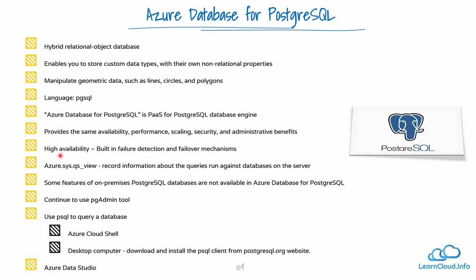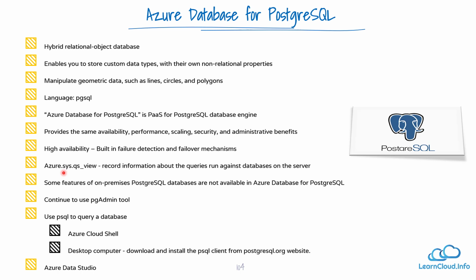It is a highly available service, which means it contains built-in failure detection and failover mechanisms. Another good feature in Azure is that Azure Database for PostgreSQL servers record information about the queries run against the databases on the server and save it into a database named azure_sys.